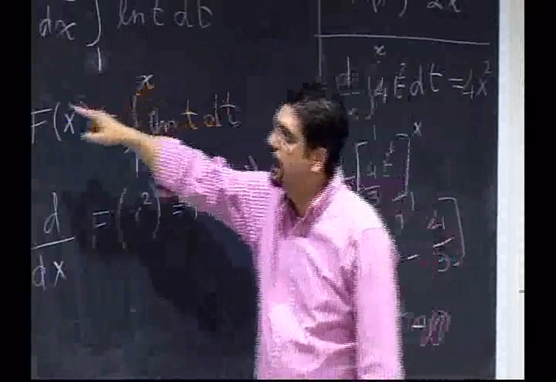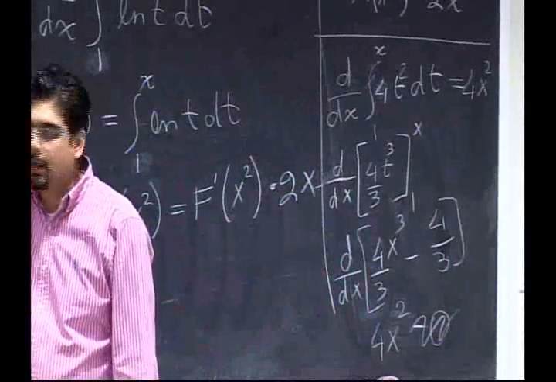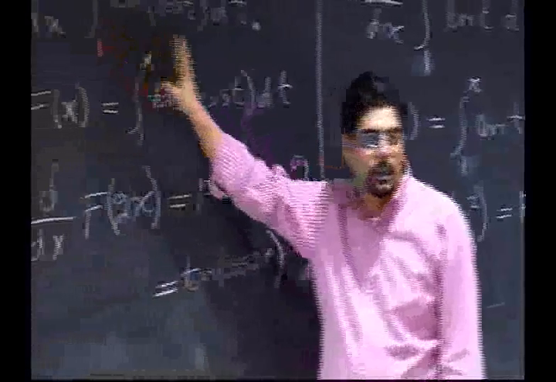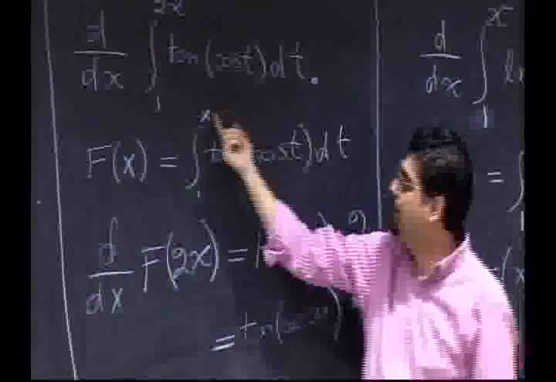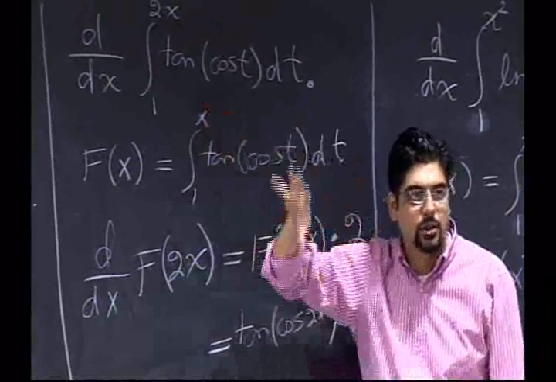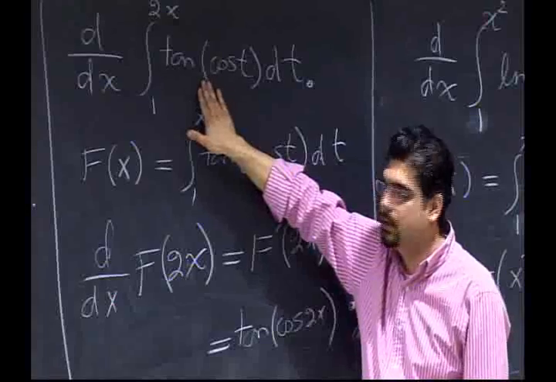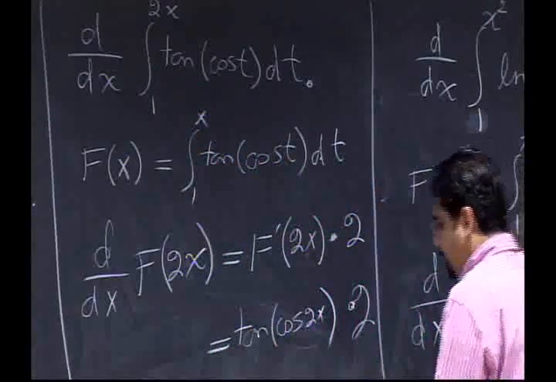As a matter of fact, something like tangent of cosine t, we can't even find an antiderivative for that. So we wouldn't have been able to integrate this in the sense of finding a function whose derivative is this.